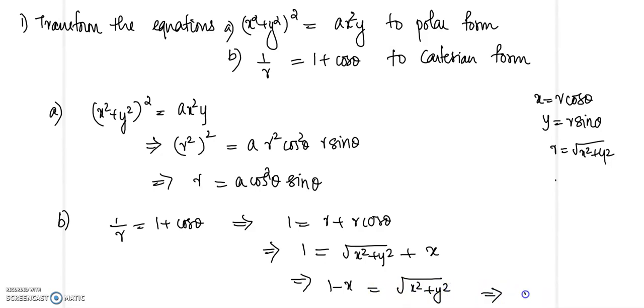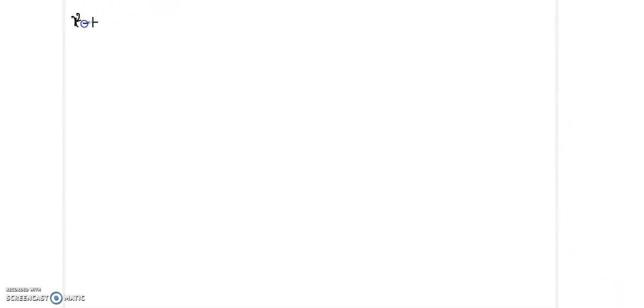Upon squaring we will get x square plus y square equal to (1 minus x) whole square. If you simplify this, we get x square plus y square equal to 1 minus 2x plus x square. So x square will cancel off, so that will give y square equal to 1 minus 2x, which is actually a parabola.